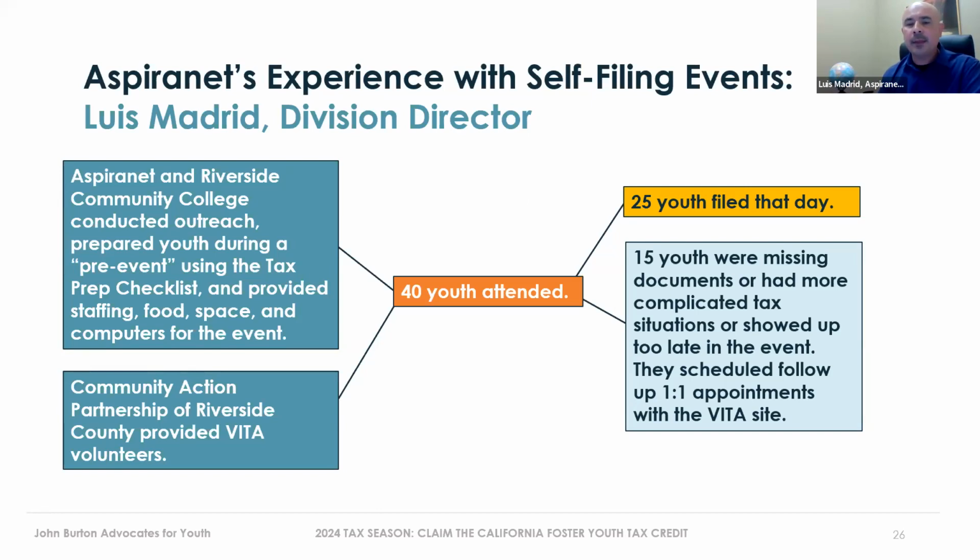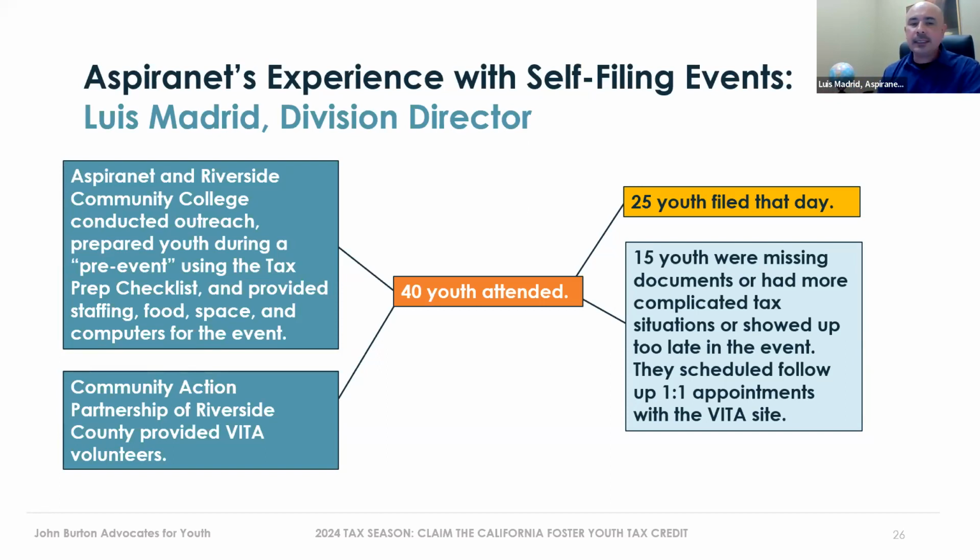But again, I can't emphasize enough the importance of that pre-prep before they come. Otherwise, for those of us that have been doing this for a while, you have a higher probability that the youth will show up to the actual event with simply their ID at hand and missing some of the documents. Although we still had some that showed up unprepared, we had a good amount of youth that were able to show up prepared.